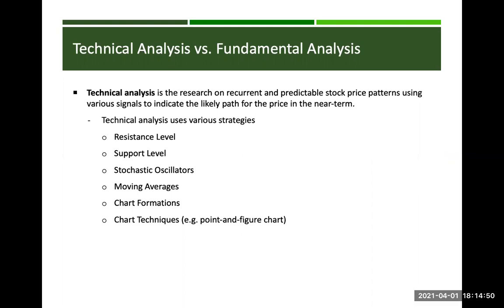The easiest things to think of are resistance level and support level. Resistance level is a point where the stock price is having a difficult time breaking out above that level. So when a stock price or an index goes up and hits that level, the market tends to have a difficult time getting above it.